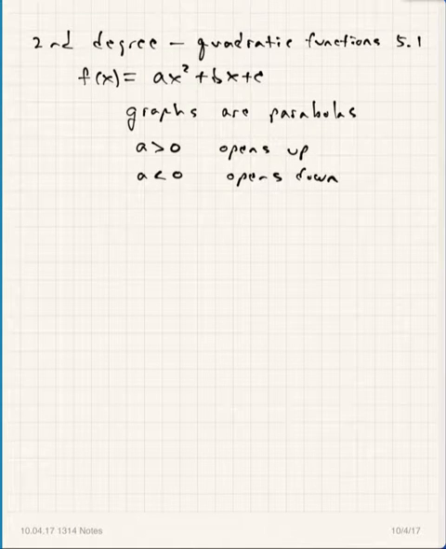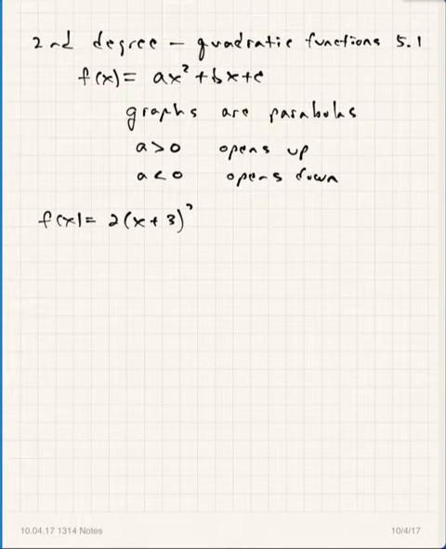Okay, and so we talked about two different forms for graphing these. If you have a function that looks like this, f of x equals 2 times (x plus 3) squared minus 4, because we could identify the shifts of the graph, we could find the vertex by the way this equation was written.